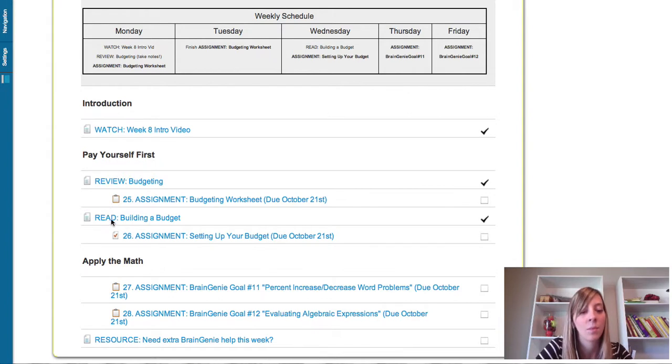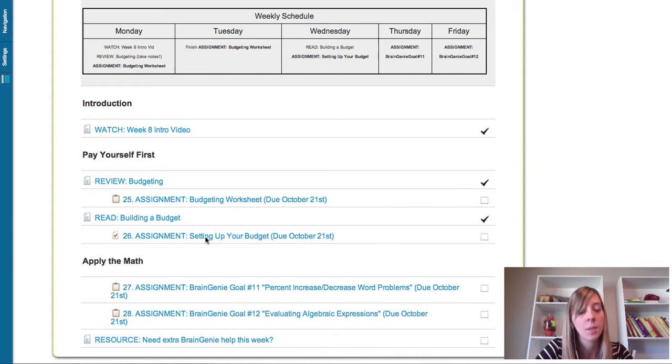Next, you read up about 5 steps for building a budget and getting started. And I wanted you, in assignment 26, to start thinking about your own budget. Because guess what? When the exam comes around in week 10, you're going to be making your budget. That's going to be your test to see if you learned everything.